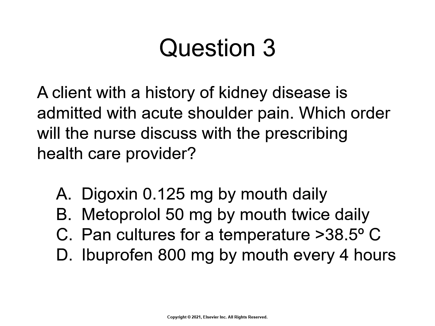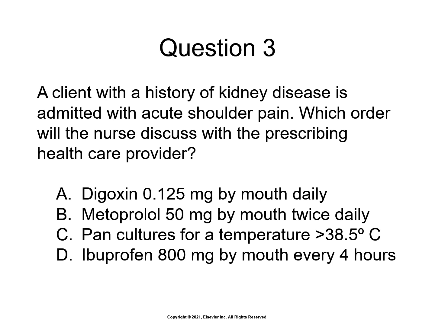Digoxin 0.125 milligrams by mouth daily. Metoprolol 50 milligrams by mouth twice daily. Cultures for a temperature of over 38.5 degrees centigrade. Or ibuprofen 800 milligrams by mouth every 4 hours.